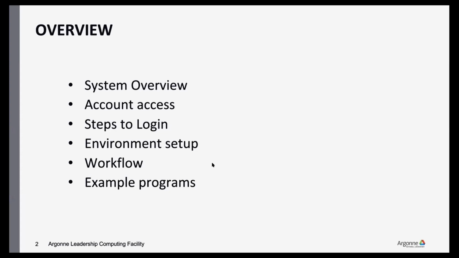Then we'll take a look at how we log into the system, what the different steps are, and how to set up a working environment on the system. We'll also figure out what an end-to-end flow looks like.